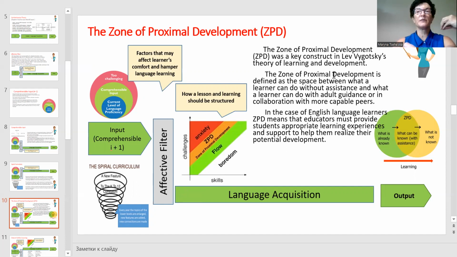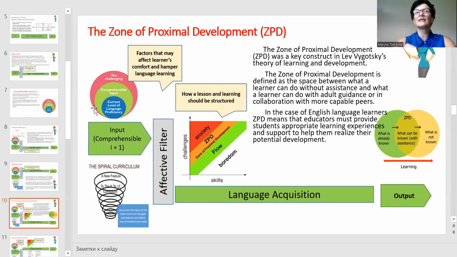This theory was developed by Lev Vygotsky, and he said that ZPD, or zone of proximal development, is what a learner can do without assistance and what a learner can do with some assistance.